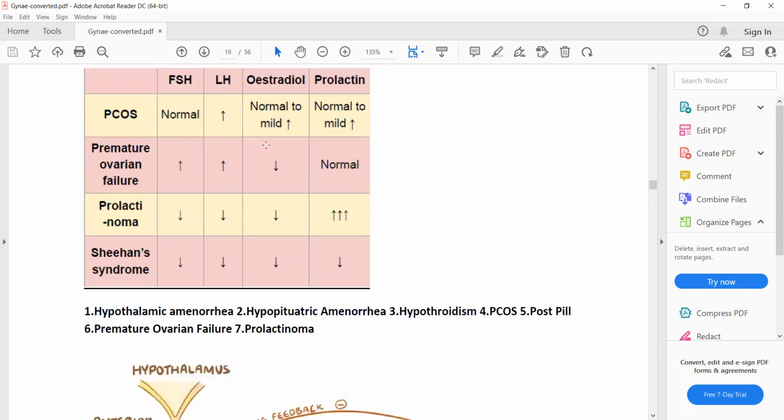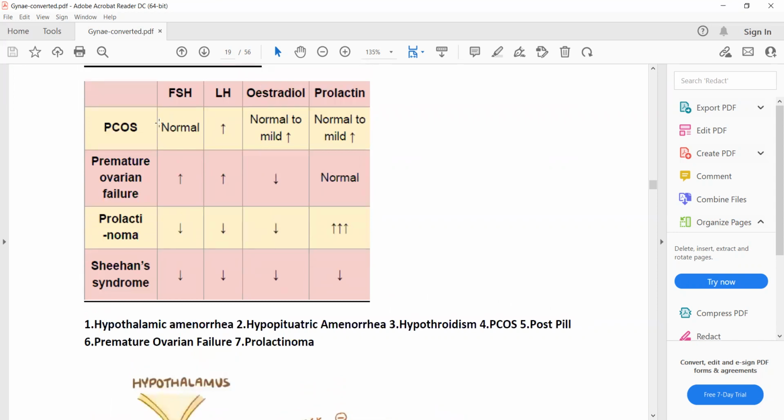Now, when the problem is in the ovary, such as PCOS and premature ovarian failure, FSH and LH will be high. For PCOS, remember specifically that LH levels will be double the FSH levels, due to which there will be normal or mildly increased estradiol. And prolactin can also be mildly increased in PCOS.